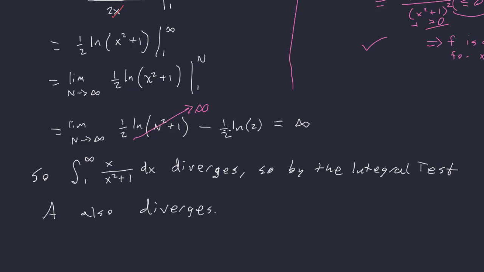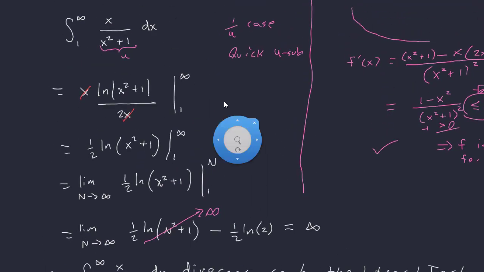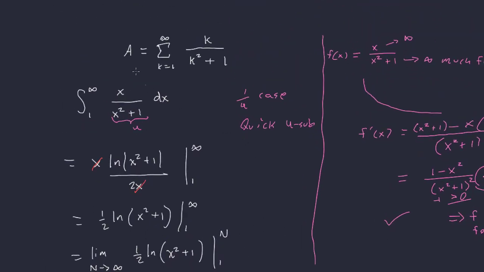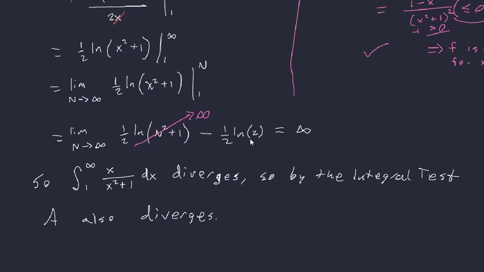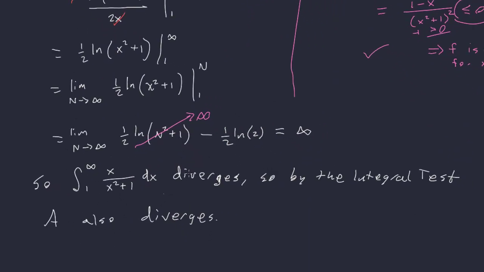Just for a second there, I couldn't remember what I called my series. Okay, so since this integral diverges, the series A also diverges. Hopefully now you see why I like to give these names, because they're much easier to write with just the name A than rewriting the sum all over again.